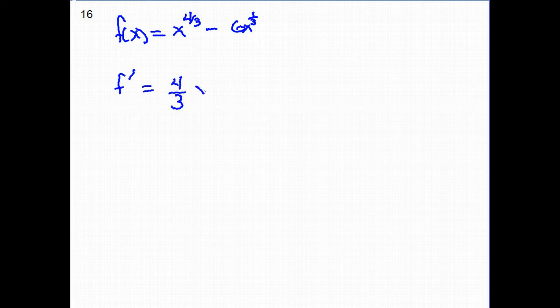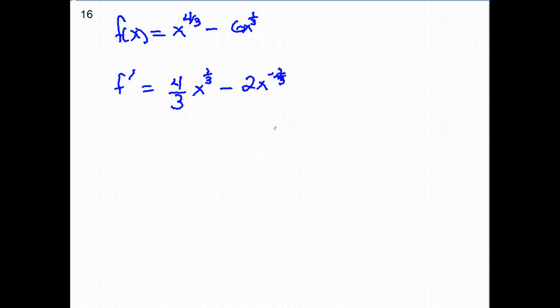Number 16 has a function f of x equals x to the 4/3 minus 6x to the 1/3. Okay, so when we take the derivative of this, we just use our power rules here, and we get f prime is equal to 4/3 x to the 1/3 minus 2x to the negative 2/3.